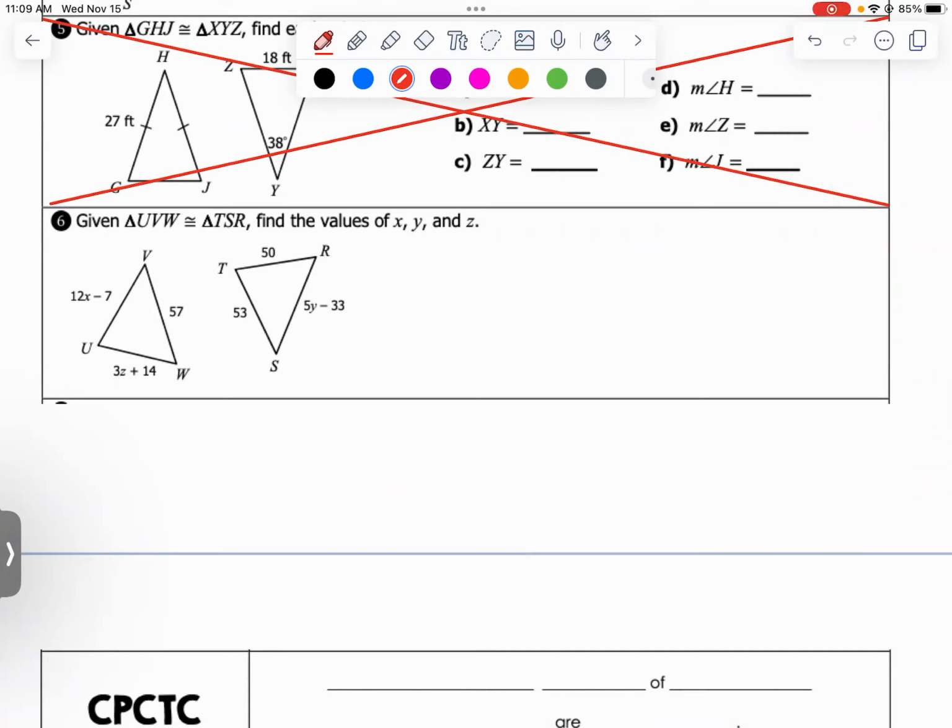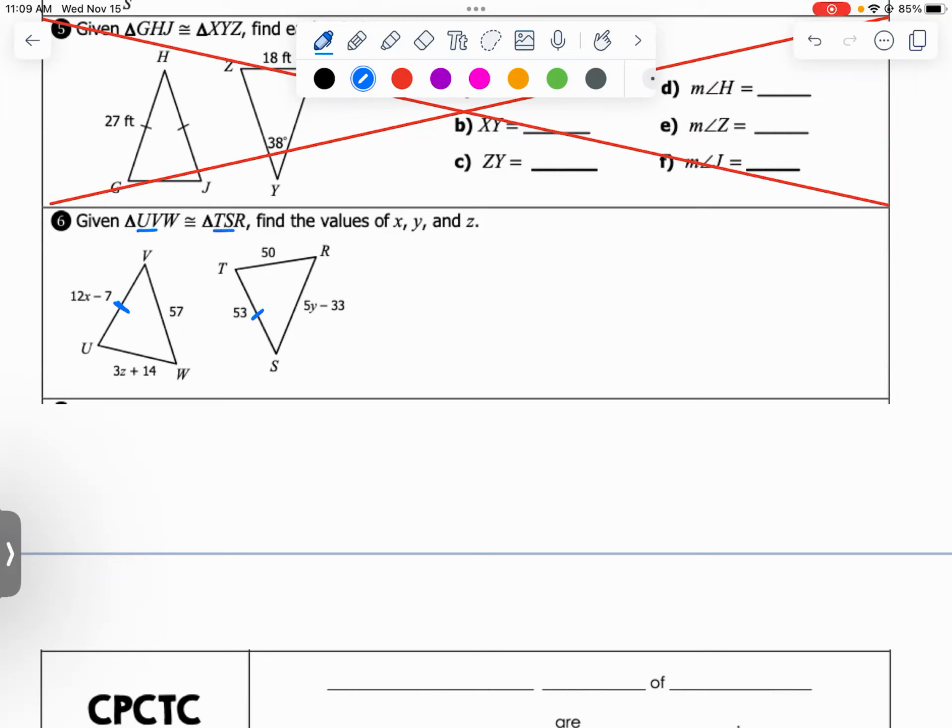Okay, so UVW, the triangle, is congruent to triangle TSR. So let's go ahead and mark this triangle up so we know what sides correspond with which. UV is right here. What does it correspond with? TS. This here's UV, here's TS.